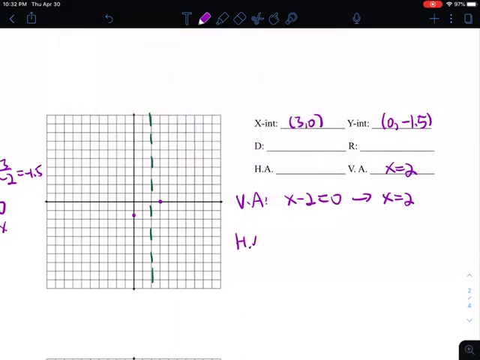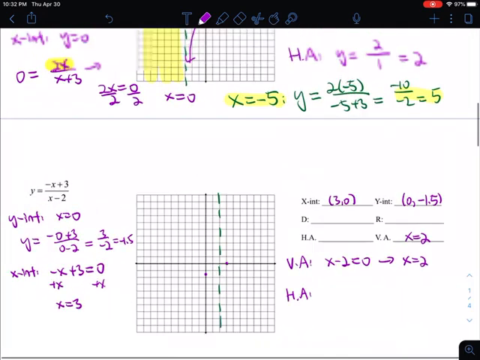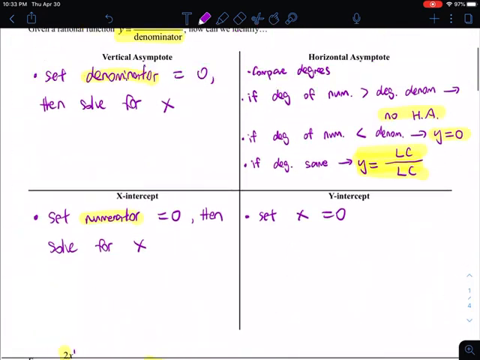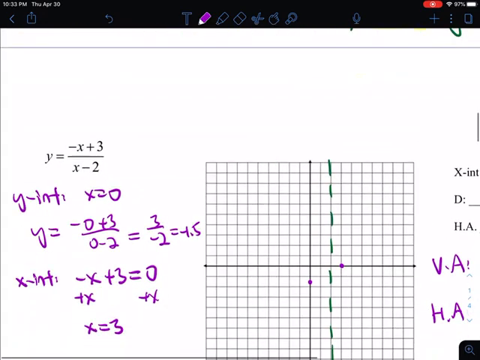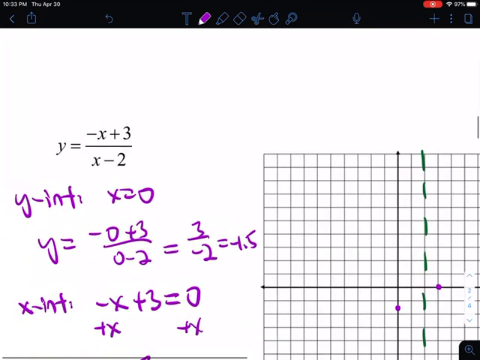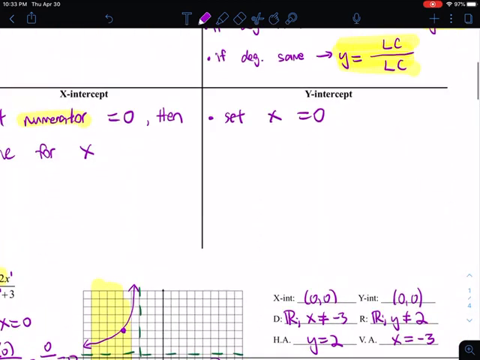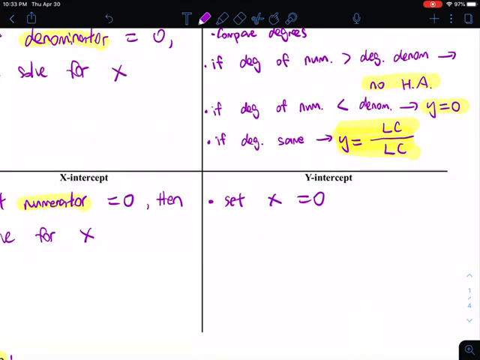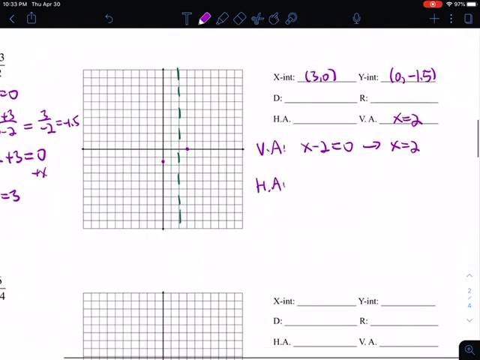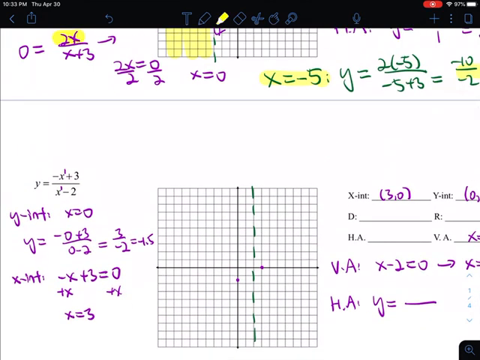And then last but not least, horizontal asymptote. Go back up here. What does that say? Compare the degrees. All right, here we go. The degree on top is 1. The degree on the bottom is also 1, once again. And if they're the same, what happens? Well, you take the leading coefficient over the leading coefficient. So then we have y is equal to, what's the leading coefficient on top? Well, there's a negative sign there, so that tells us it's -1.